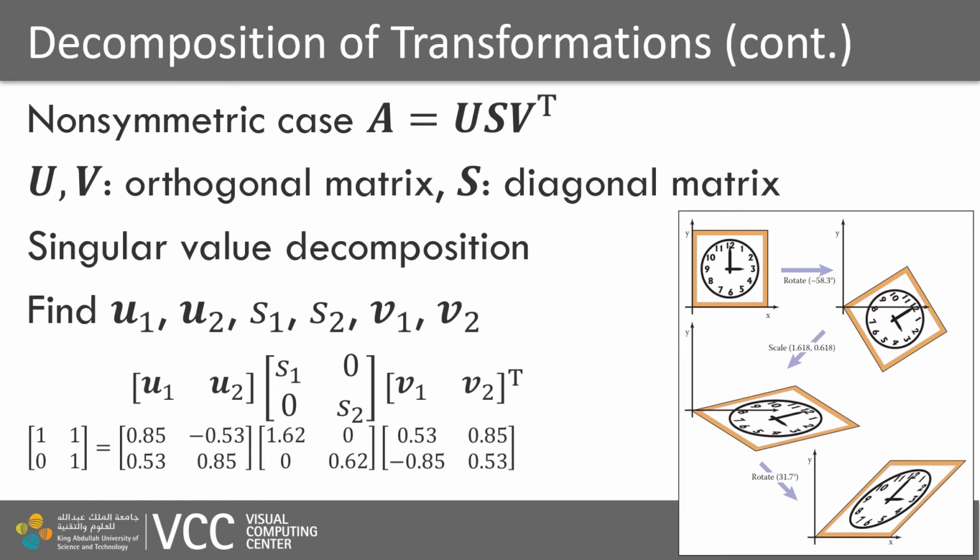Let's have a look at the other case, the non-symmetric case of a matrix, where our matrix can be decomposed with the singular value decomposition. So we will end up with an orthogonal matrix U, then a scaling matrix, and another orthogonal matrix V. So what can we achieve with this type of matrices?